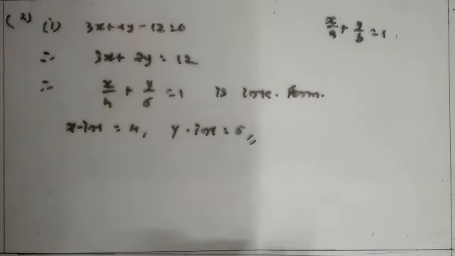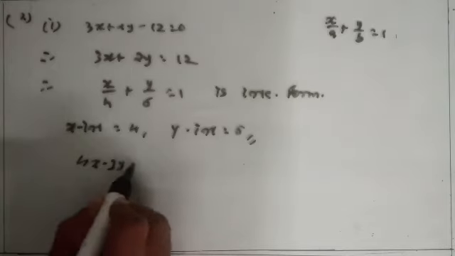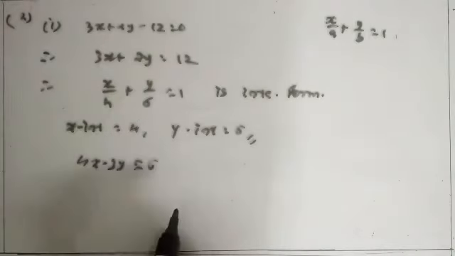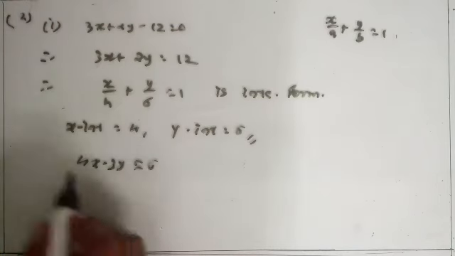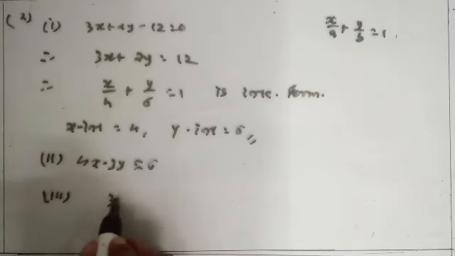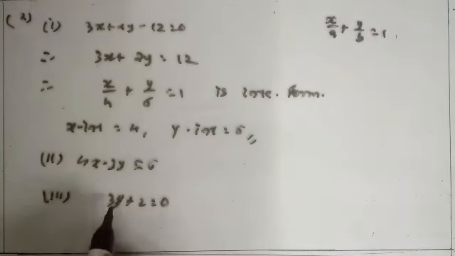Okay? Applying the same, change 4x minus 3y is equal to 6 into its intercept form and get the x-intercept and y-intercept. Similarly for the third, 3y plus 2 is equal to 0. Here 3y plus 2 equal to 0. So 2 take this side.